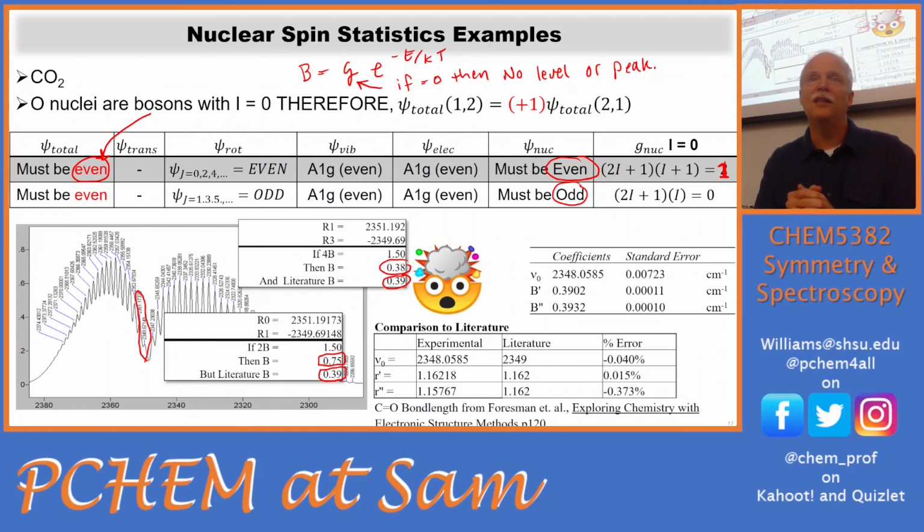It's not this even-odd exclusion thing. It's kind of like Raman and IR being mutually exclusive. If you have a D infinity h or an inversion center, certain symmetry requirements pop up the more symmetric the molecule, and these spin statistics become really limiting when you have a symmetric molecule like CO2. It's not illegal for everyone, only when you have identical nuclei that can be exchanged. All right, cool.